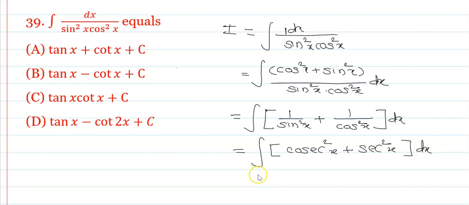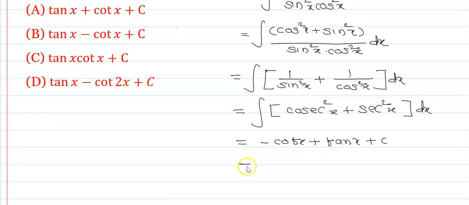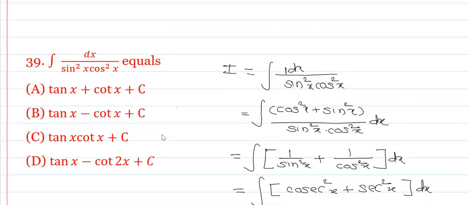The integral of cosec square x is minus cot x, and the integral of sec square x is tan x plus c, and again this can be written as tan x minus cot x plus c. And the option B is the correct one.